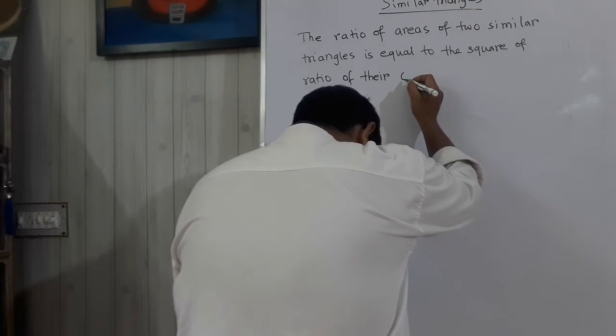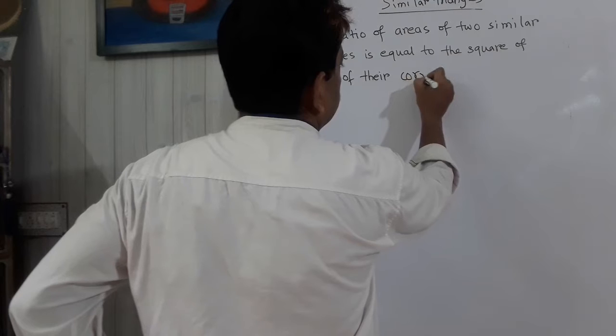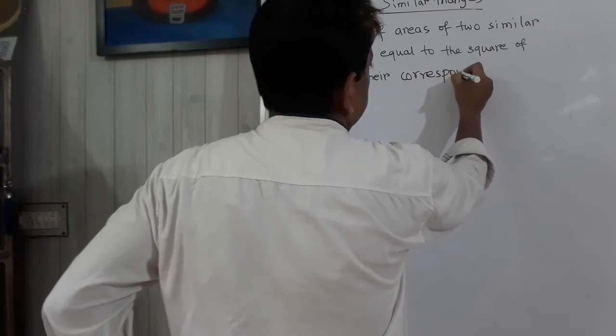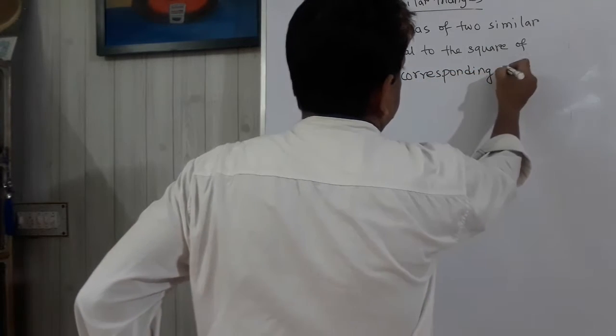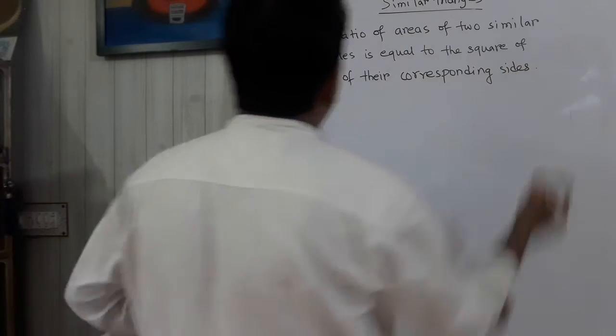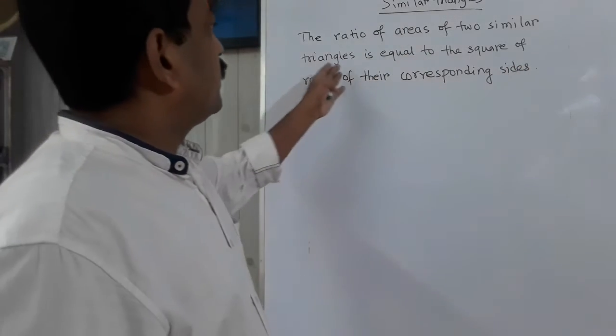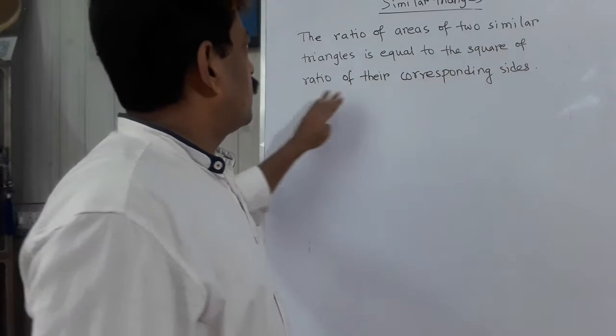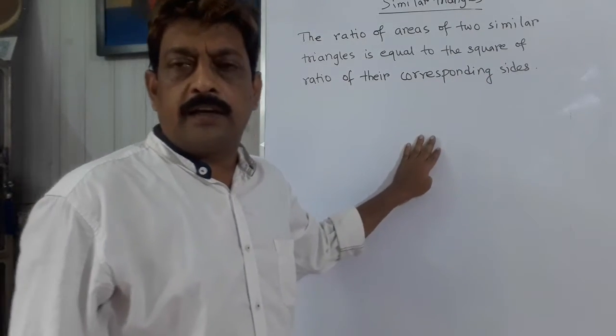Ratio of their corresponding sides. The ratio of areas of two similar triangles is equal to the square of the ratio of their corresponding sides.